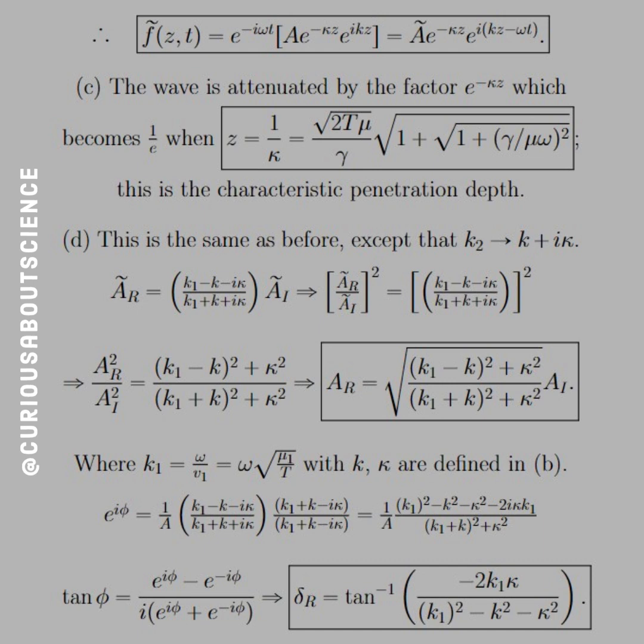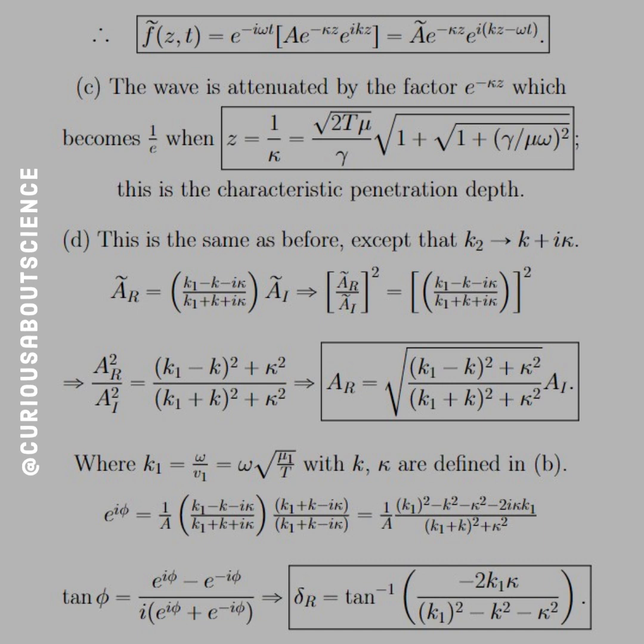So for part D, this is the same as before, except k2 goes to k plus i kappa. So if we plug that in, we see the ratios come about, and again, with the squares, we have to take the complex conjugates. And as you see here, we get A_R is equal to the square root of (k1 minus k) squared plus kappa squared over (k1 plus k) squared plus kappa squared times A_I.